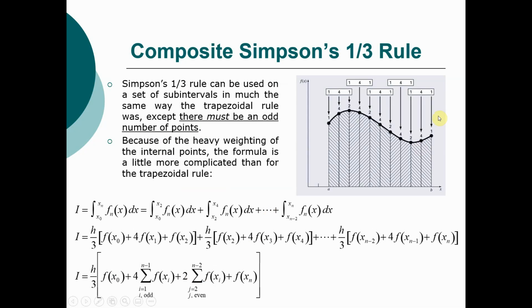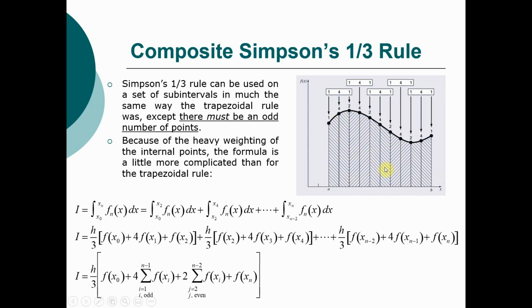Okay. Similar to what we had for the trapezoidal rule, we can also have the composite Simpson's 1/3 rule, right? So we can break our interval into smaller subintervals. So you see here, this one, 1, 4, 1, is one subinterval. We need 3 points, right? The other one would be going from this point up to this point. The other one from here to here, from here to here, from here to here, right?